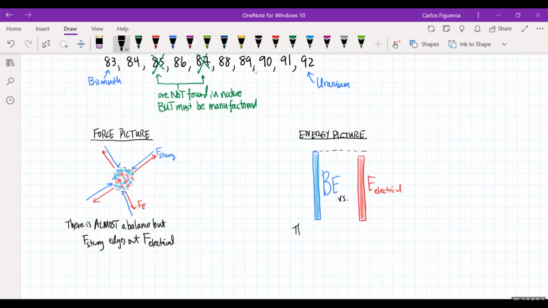So the attractive binding energy is just large enough to contain the repulsive energy.